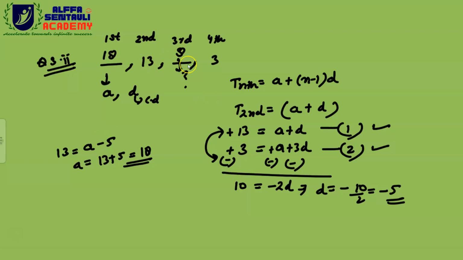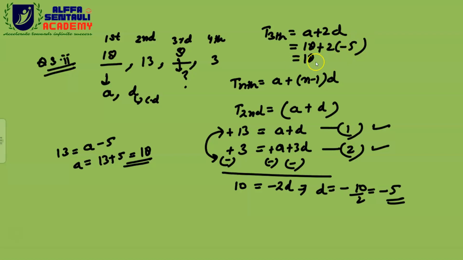You can also get this value 8 from the equation itself. We need to find this third term. So for the third term, what should be the equation? T3 should be A plus 2D. Correct? So the value of A is 18. D is minus 5.